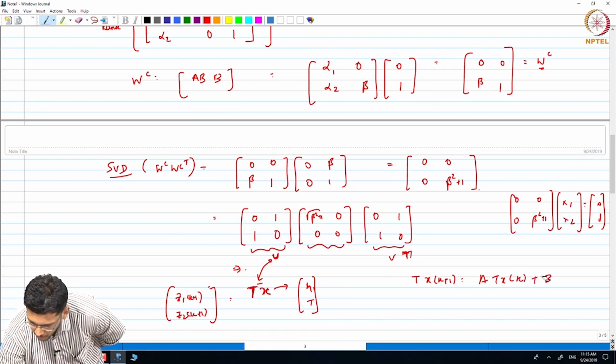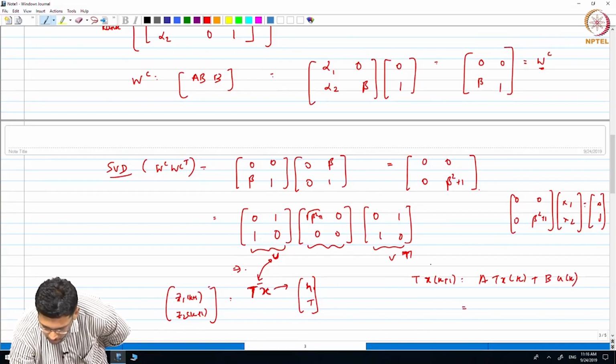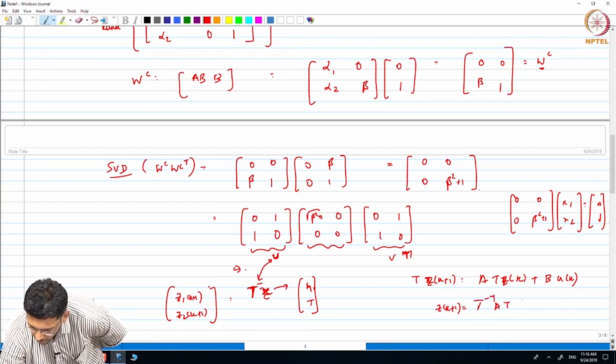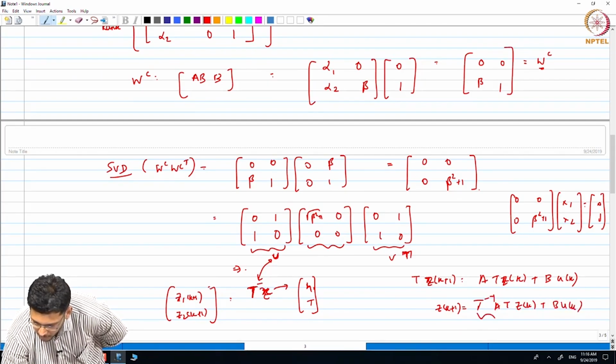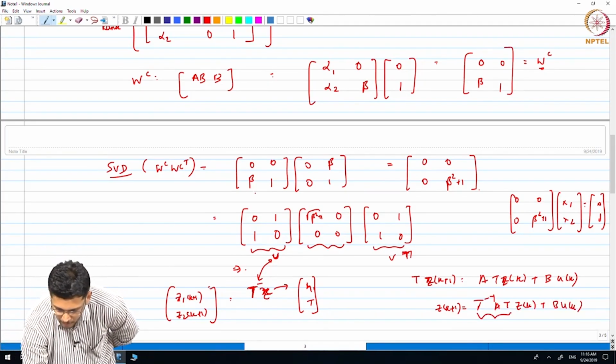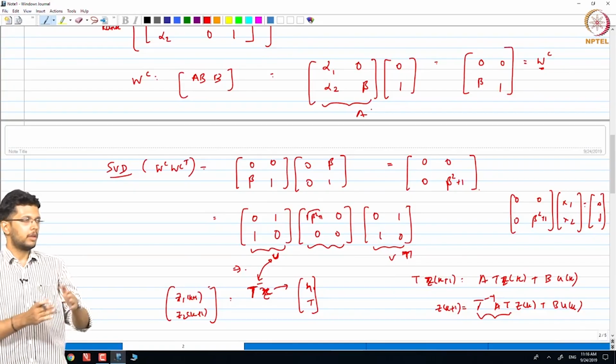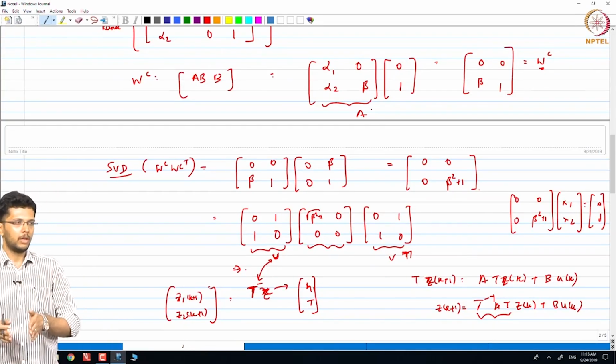Which is equal to Z of k plus 1 equals T inverse A T Z of k plus B u of k. When you make this transformation with respect to this A matrix, you can clearly define what is the reachable space and what is your non-reachable space.